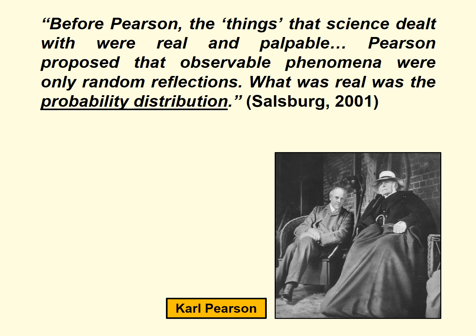And thinking about this reminds me of that quote from Karl Pearson, which I've used before. I've just highlighted here probability distributions. This is Salsburg writing: "Before Pearson, the things that science dealt with were real and palpable, in a sense, the sample. Pearson proposed that the observable phenomena were only random reflections. What was real was the probability distribution."